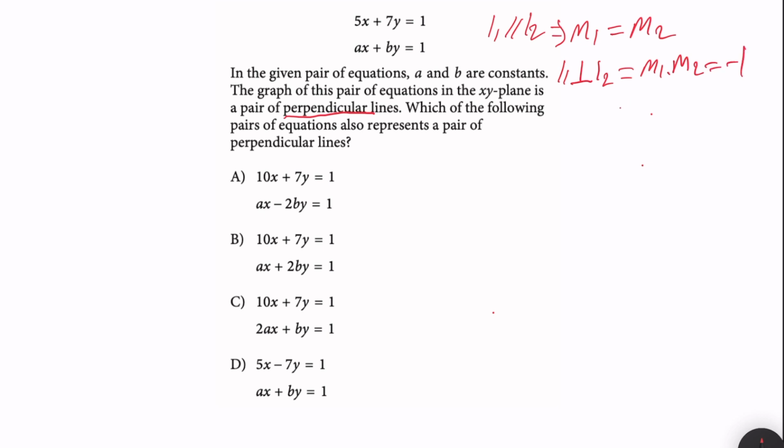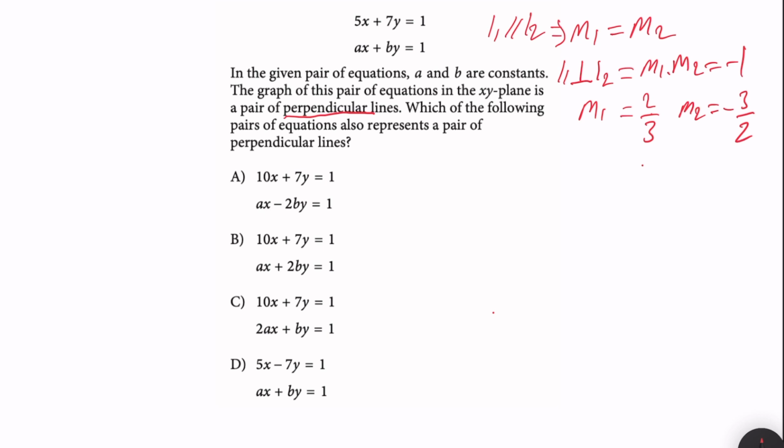I also teach this to the students in this way. Let's say you have m1 equal to 2 over 3, m2 must be the opposite reciprocal of 2 over 3. If this is positive, you're going to have something negative, and the reciprocal of 2 over 3 is -3 over 2.